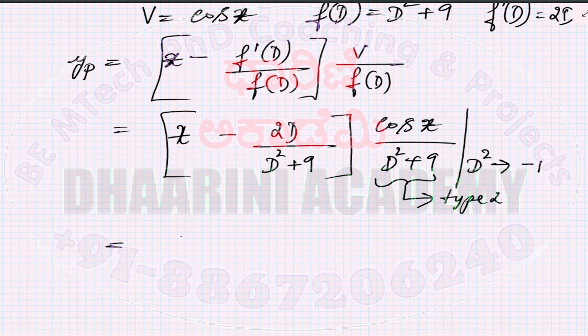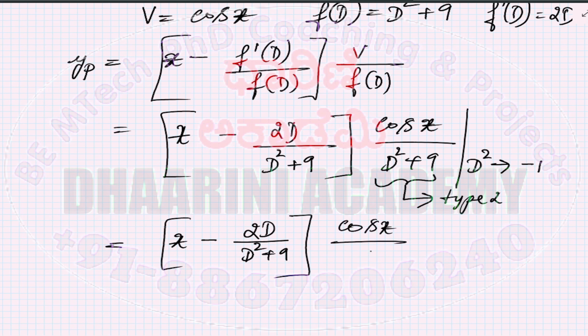So this is equal to x minus 2D over D square plus 9 into cos x by minus 1 plus 9, which is 8.